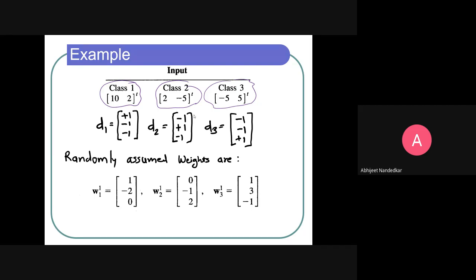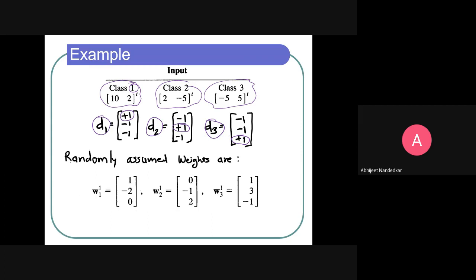And these are the corresponding desired responses. Since this is a class 1 sample, you will see at the first position I have plus 1. For the second sample I have plus 1 here, and for the third sample I have plus 1. For simplicity, I am just taking 3 samples, and they do belong to 3 different categories. In practical cases, you will have many samples belonging to 3 or more classes.